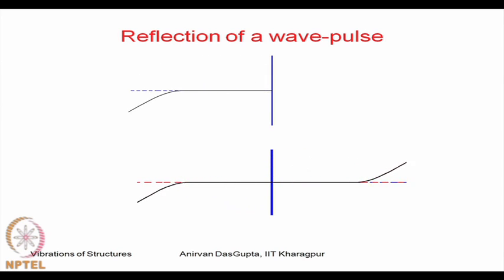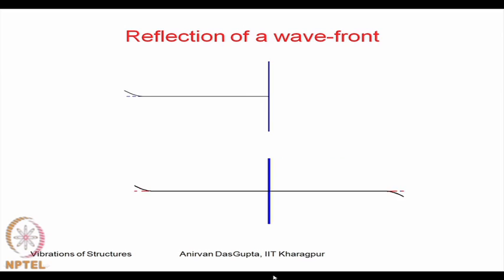Now, in a previous lecture we have discussed the initial velocity condition on a string, and we have observed that when we provide an initial velocity distribution, there is a front that is propagating and at the boundary again it reflects back. So, let me show what happens around this boundary.